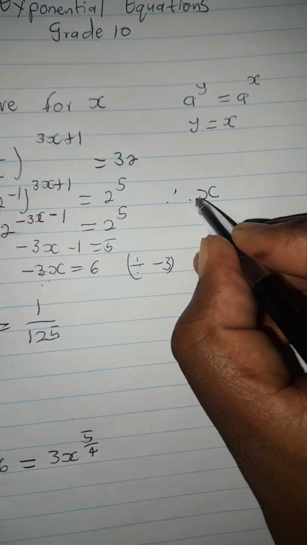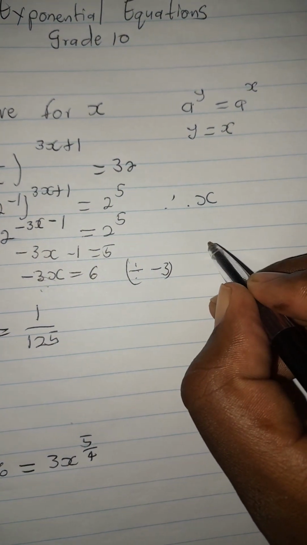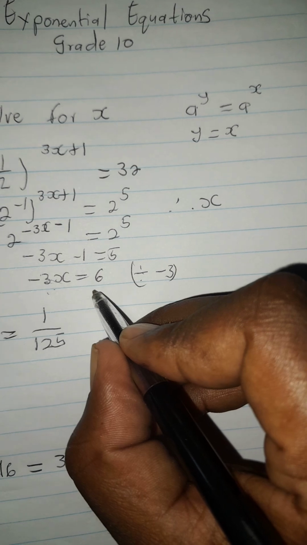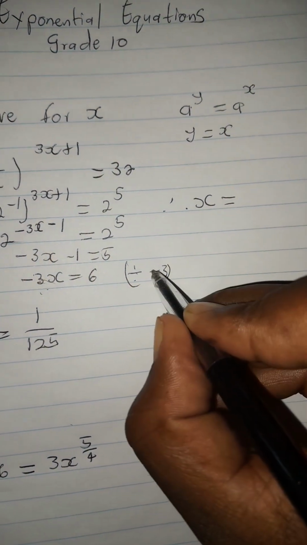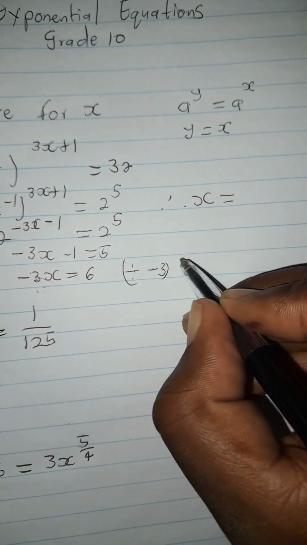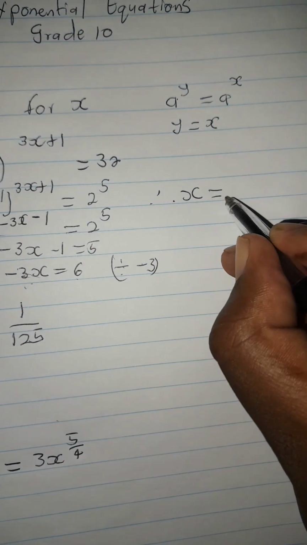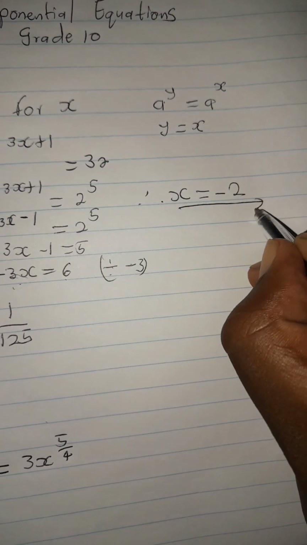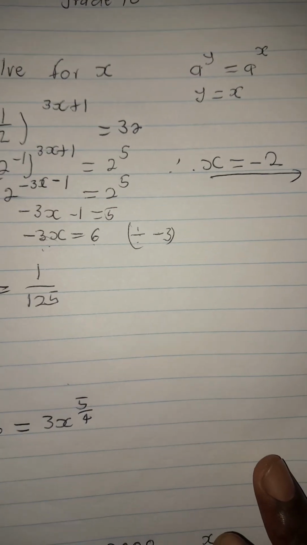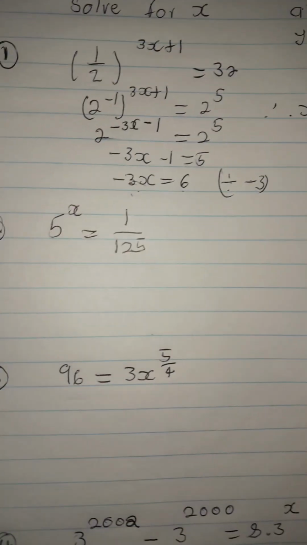It goes once. So when we divide by negative 3, we're going to be left with positive x here. How many times does negative 3 go into 6? How many times does 3 go into 6? Twice, but since it's negative, x is equal to negative 2. So that's how you can work out the first equation.